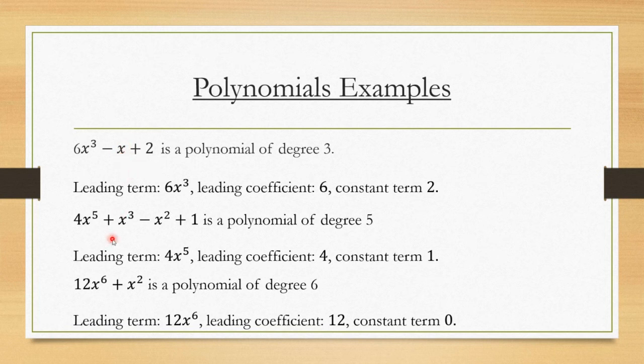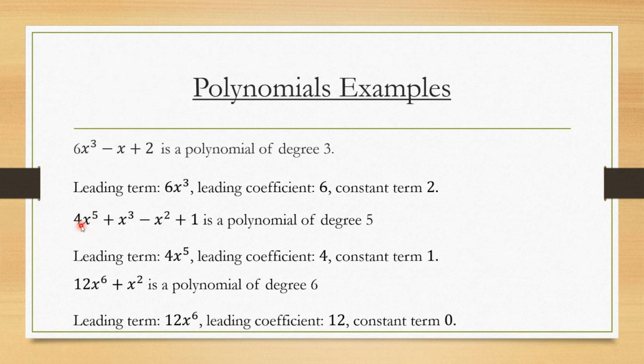All right. For this polynomial here, 4x to the 5th plus x cubed minus x squared plus 1, that's a polynomial also. The degree of this is 5. That's the biggest exponent of x.